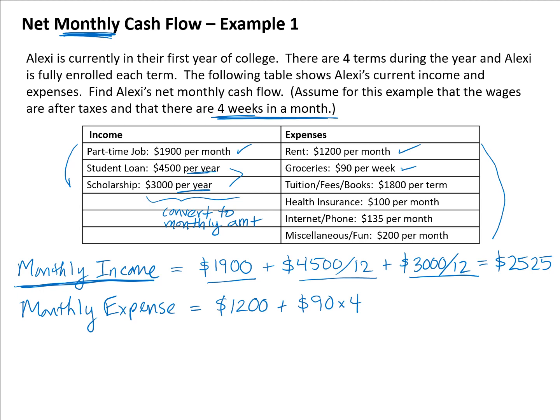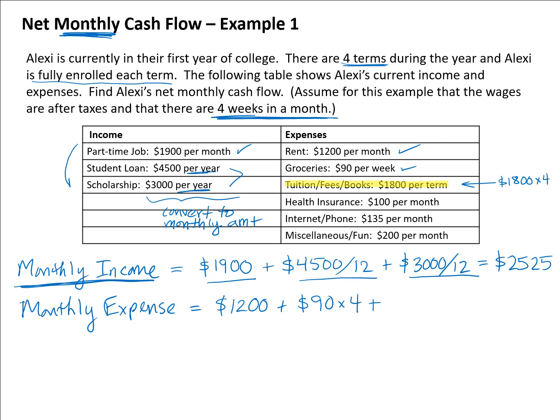Now, the next value also is not a monthly amount. Tuition, books, and fees for the college are $1,800 per term. Remember, there are 4 terms during the year, and Alexi is fully enrolled for each one. So this is the amount for each term, but Alexi is charged for it 4 times.